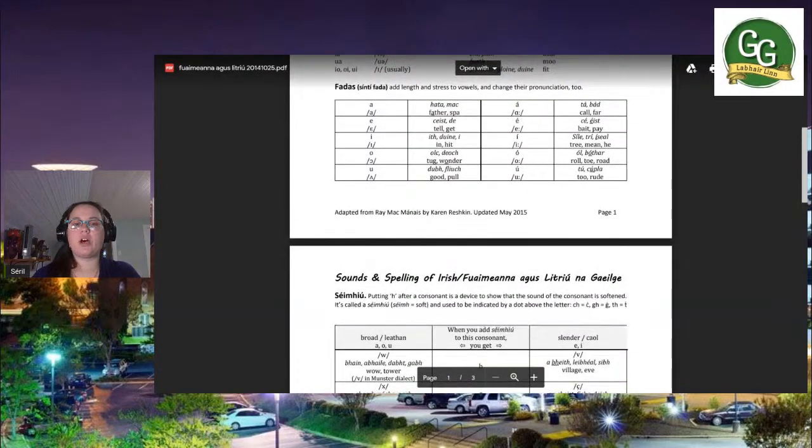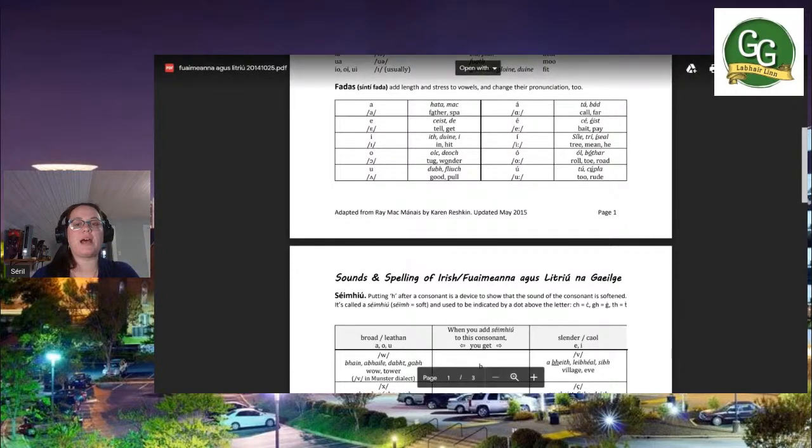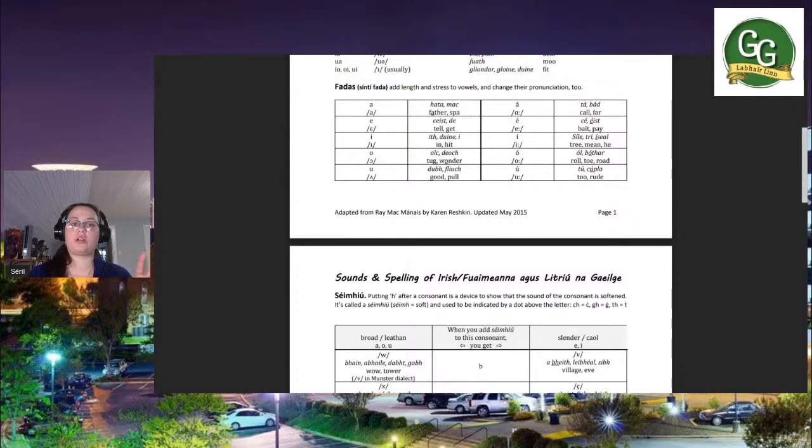So hopefully that'll help. When you see fadas, know that that vowel is going to be stressed. Even if you have two vowels, say in the word Seán, I have S, E, A with a fada, N. The E is there to make the S turn into the sh sound because it's a slender vowel.